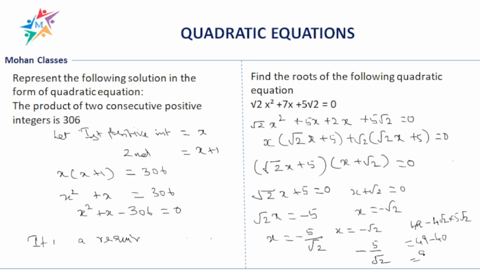We are getting 9. 9 is greater than 0, which means it has distinct and different real roots. Okay, so this is the answer for this quadratic.